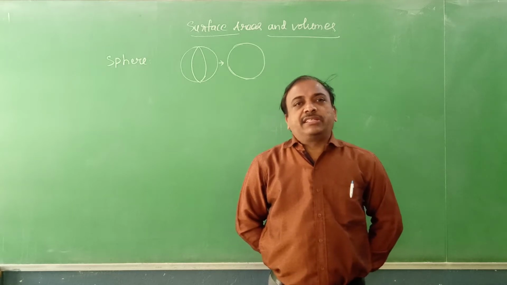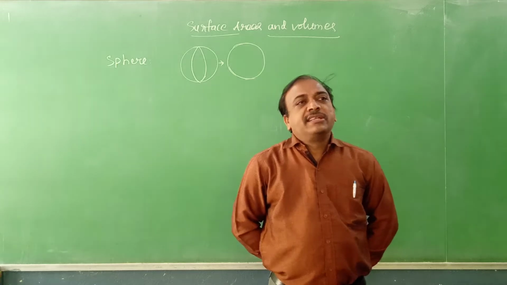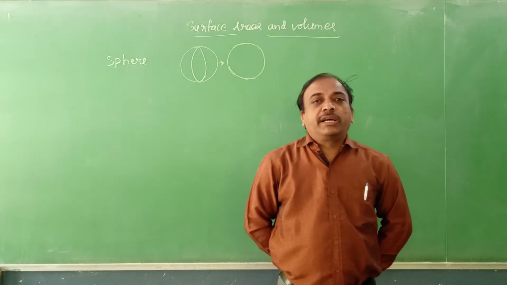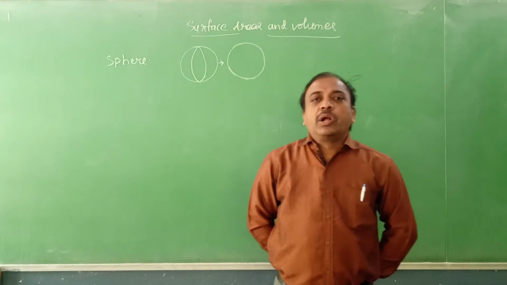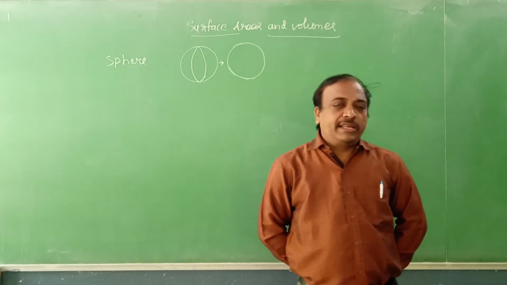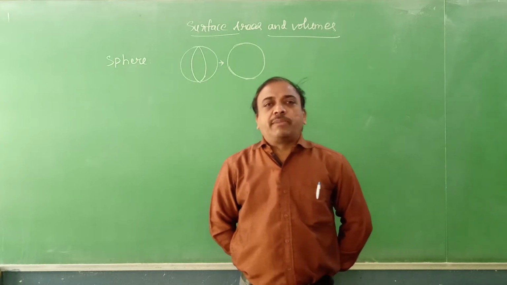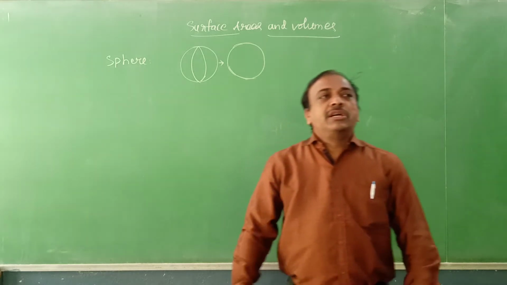Lateral surface area, the term will be used mostly for the cube and cuboid. CSA, curved surface area, is used for sphere, cylinder and cone. We have discussed this in the previous sessions. So today we are going to discuss about sphere.